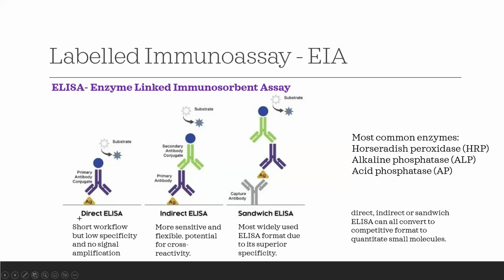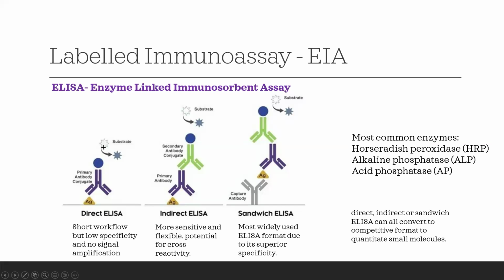So let's begin with the direct ELISA. As shown in the graph here, for the direct ELISA, the antigen will be attached to a surface, and then we add the primary antibody, which is conjugated to an enzyme itself, and it will bind to the antigen, and this enzyme is able to activate the reaction of the substrate.